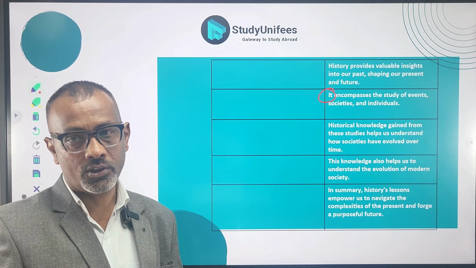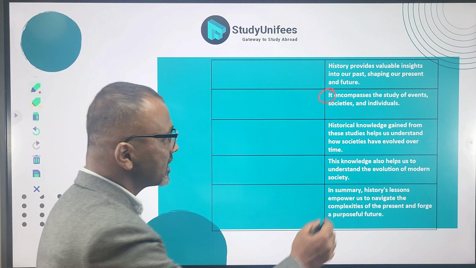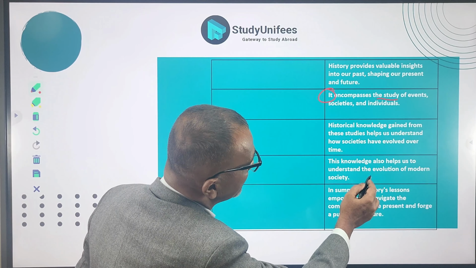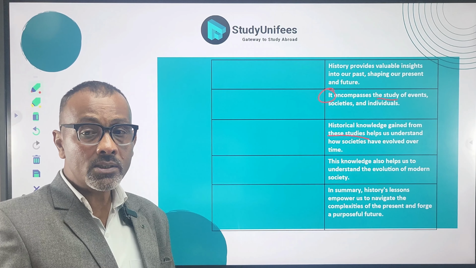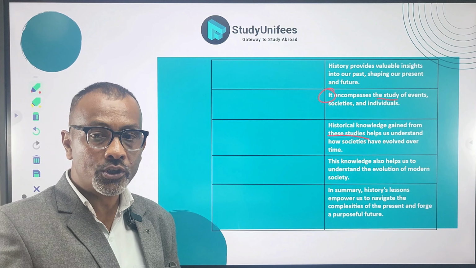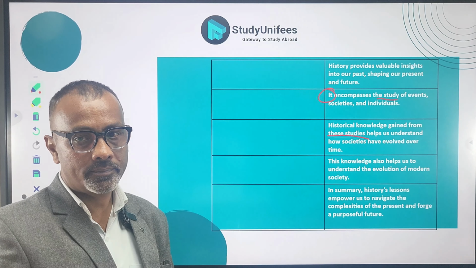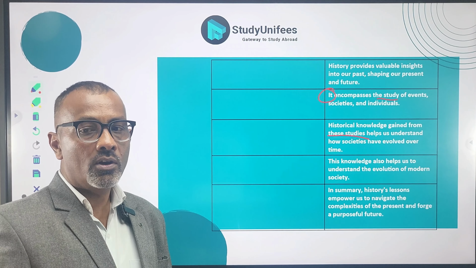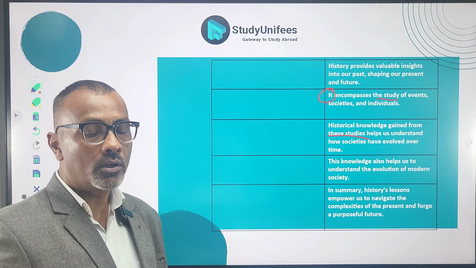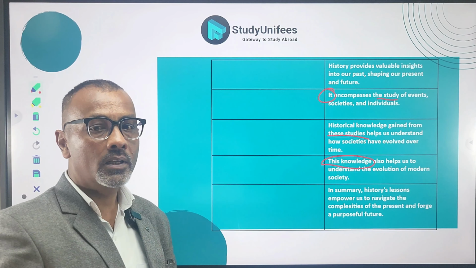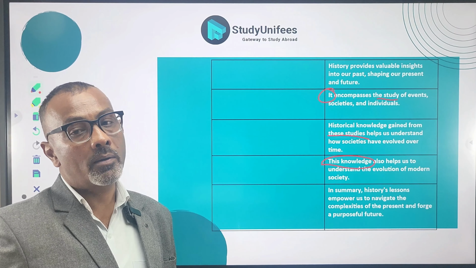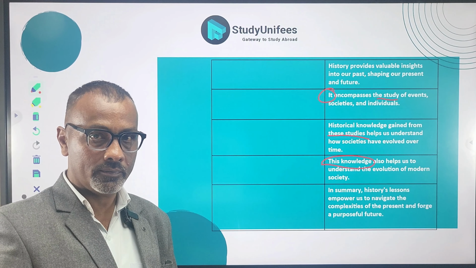The third sentence follows up on study. It tells us more about the study mentioned in the second sentence. The fourth sentence follows up on the precedent, knowledge. The fifth sentence summarizes the entire paragraph.